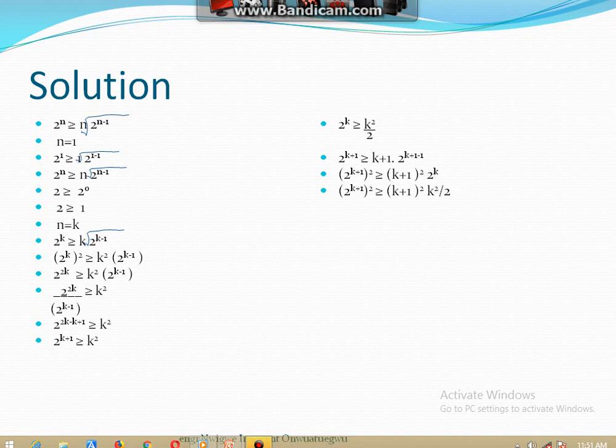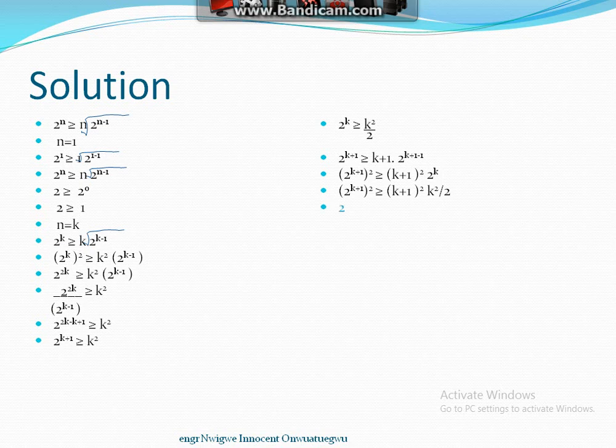plus 1 squared times 2k, which we now have in bracket 2 raised to the power k plus 1 squared less than or equal to in bracket k plus 1 squared times 2k.